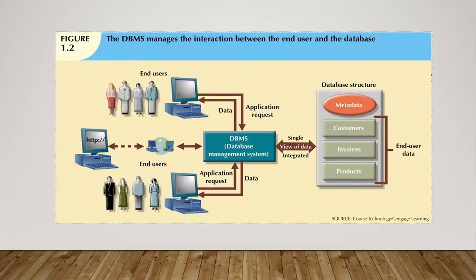Okay, we can see in this figure, we have end users. We have application requests linked to the DBMS, Database Management System. Then the DBMS is linked to the database structure, which consists of metadata, data about data, and the end user data: the customers, the invoices, the products.